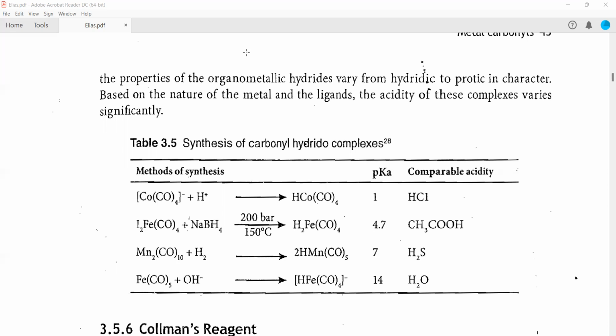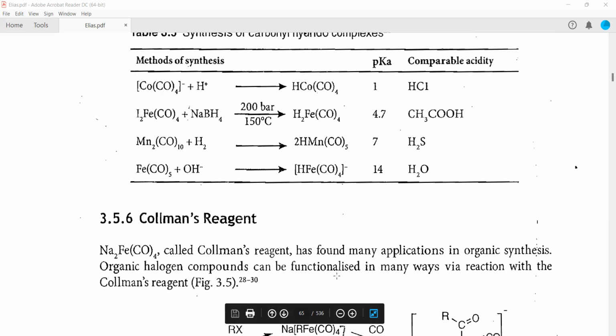Similarly it is given for iron as well. If you use sodium borohydride, you can actually make the metal hydride. In the case of manganese, if you give hydrogen some pressure, then you can form the metal hydride. In the case of iron also, if you have this hydroxyl anion, then you can also form this metal hydride bond with the negative charge.